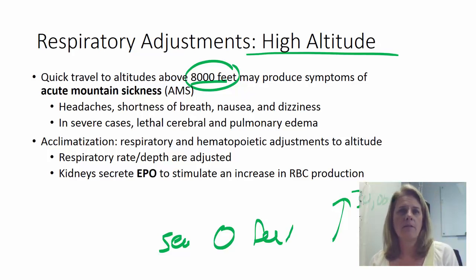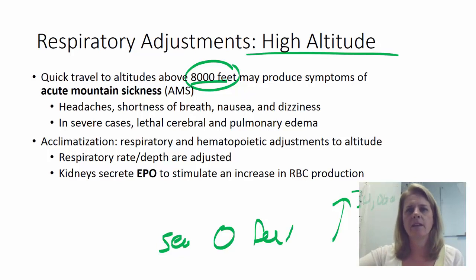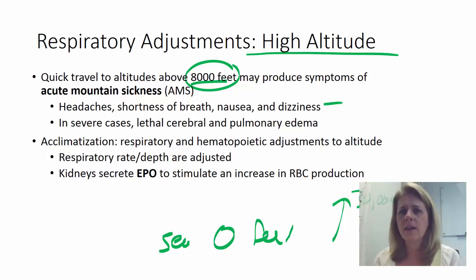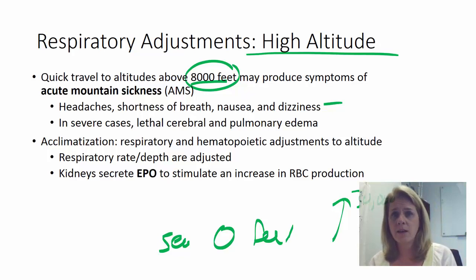So people who fly from like Miami to Denver and go into the mountains really quickly can get mountain sickness pretty quickly. They've been at 8,000 feet in the plane, they land in Denver, they go out to the mountains and go to 10,000 feet, and they have a headache, they get short of breath, nausea, dizziness, and that's pretty typical. If it's really bad, it can be lethal.